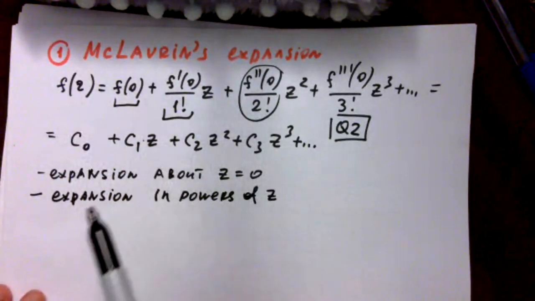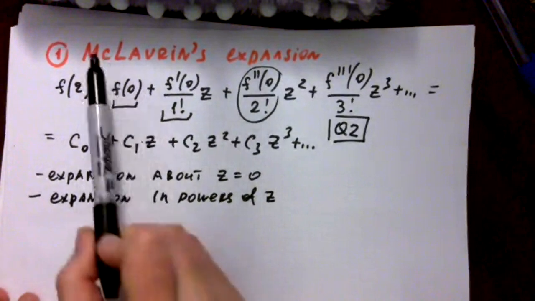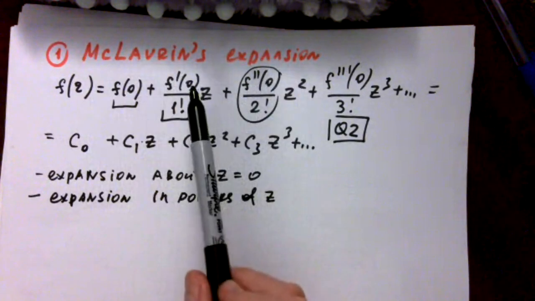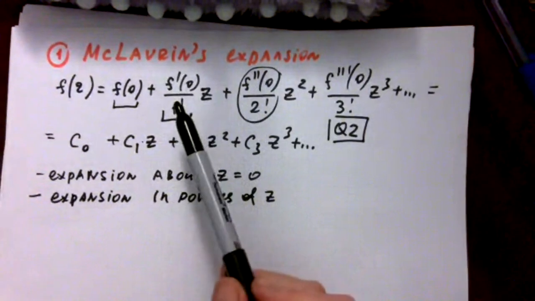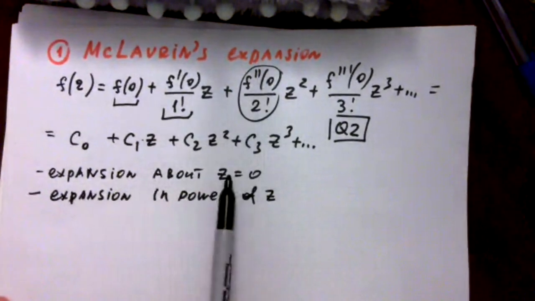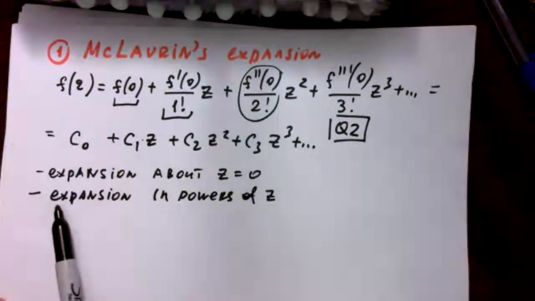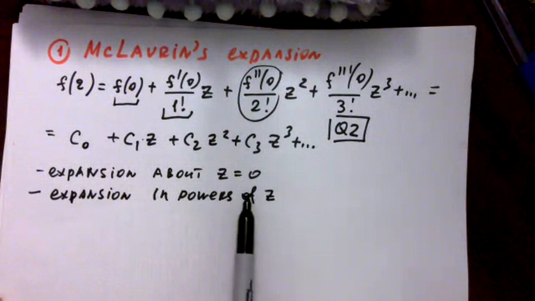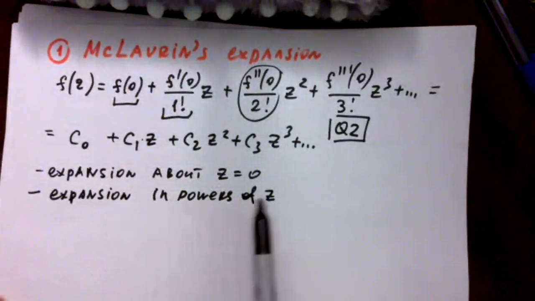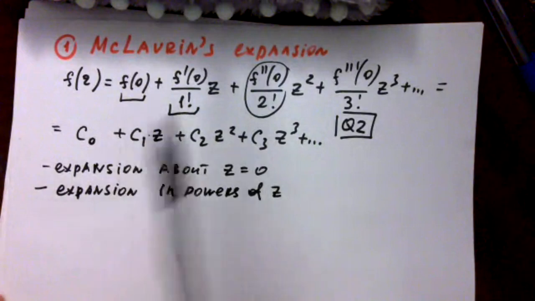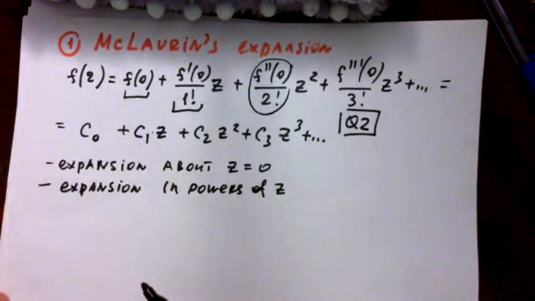So actually, this expansion has three names. The first name is Maclaurin's expansion. Everyone immediately will know what you are asking for. If you need Maclaurin's expansion, it means expansion about z is equal to 0, and at the same time, some other people can call it expansion in powers of z. Personally, I like the last phrase because it conveys the meaning best of all.